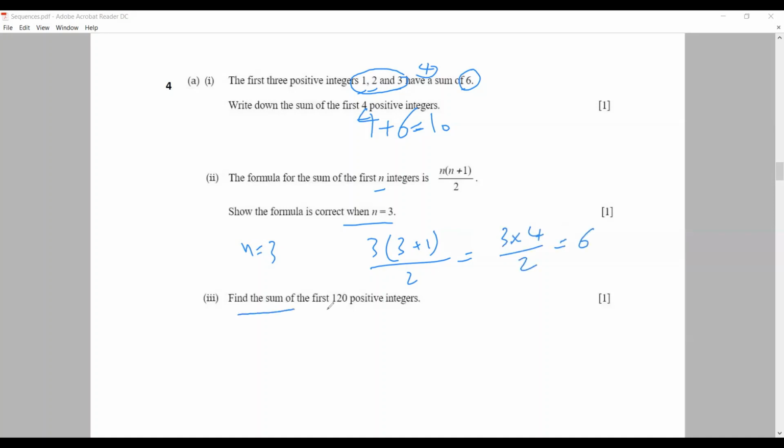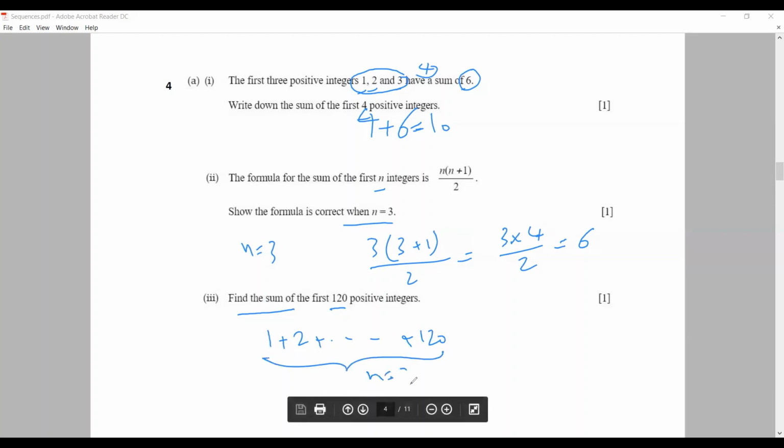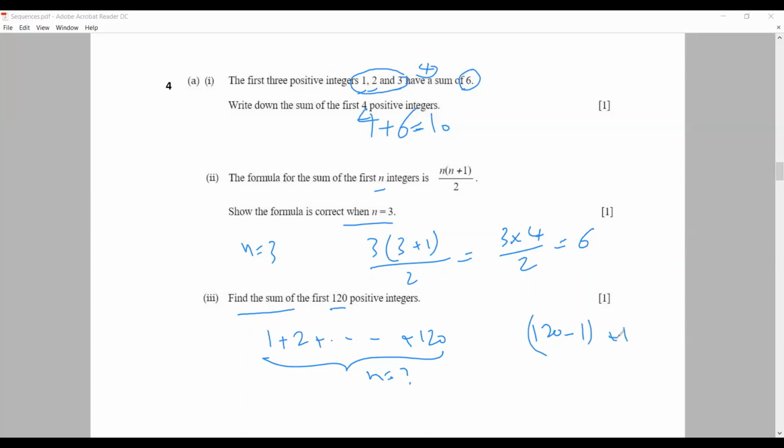Find the sum of the first 120 positive integers, meaning from 1 all the way to 120. So you have to find out how many terms there are. First of all, what is n? 120 minus 1 plus 1. So last minus first, and then at the end, don't forget the plus 1.